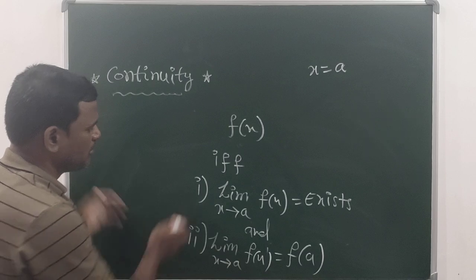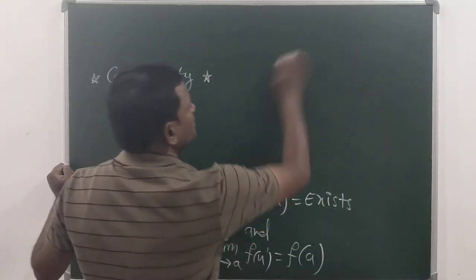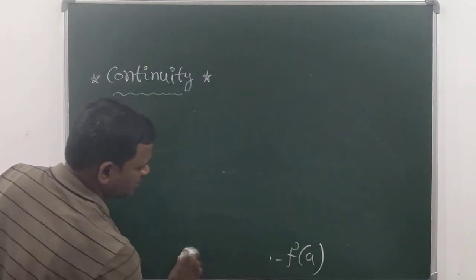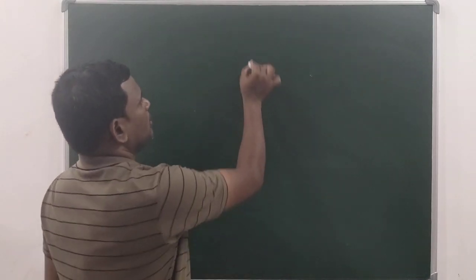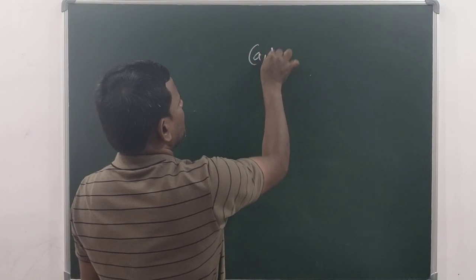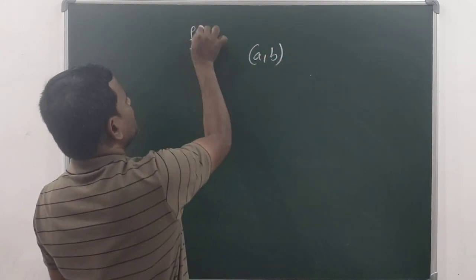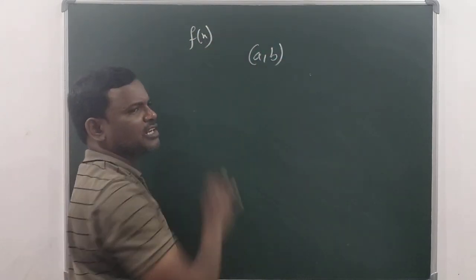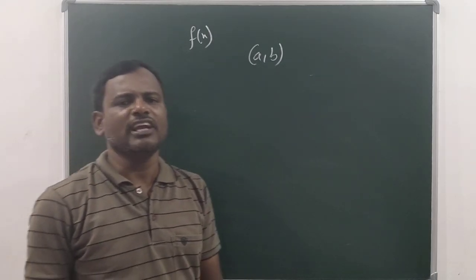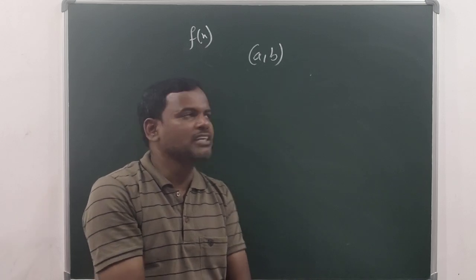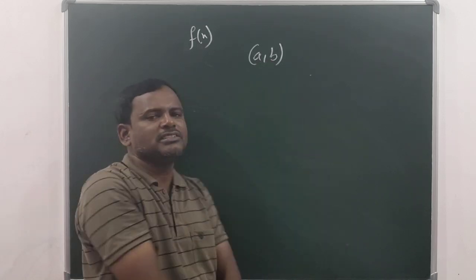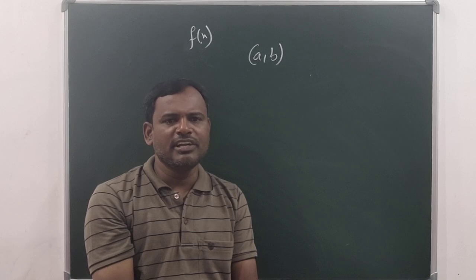Then you can say that this function is continuous at x equal to a. Now let us go to the second point in this continuity. Now tell me whether the given function f of x is continuous or not in the open interval a comma b. You know the meaning of open interval a comma b. a is the lower limit, b is the upper limit of that given interval.